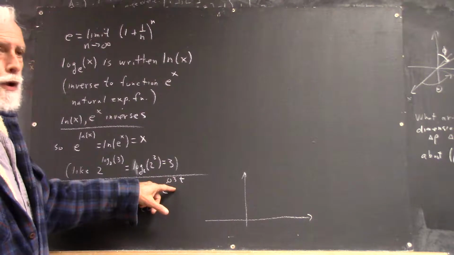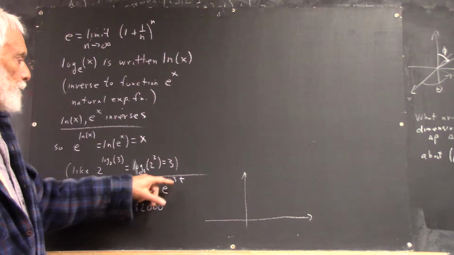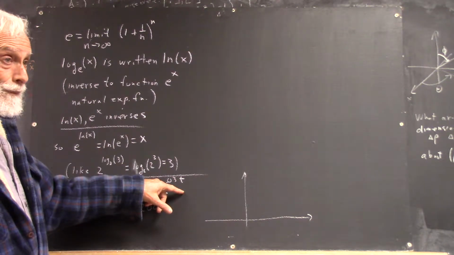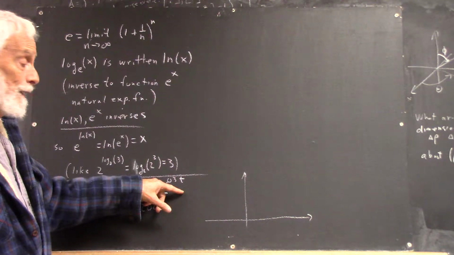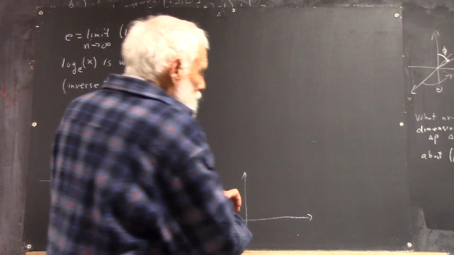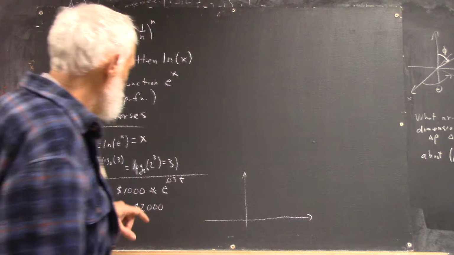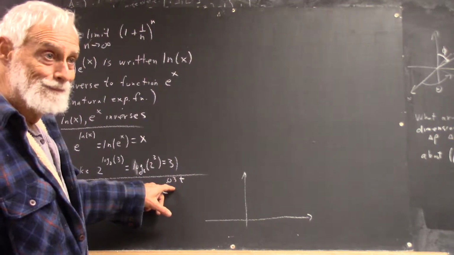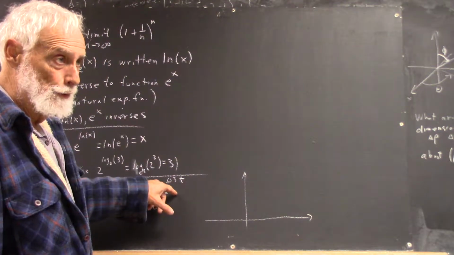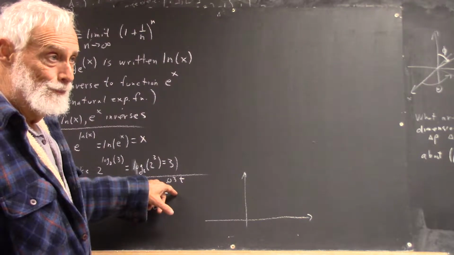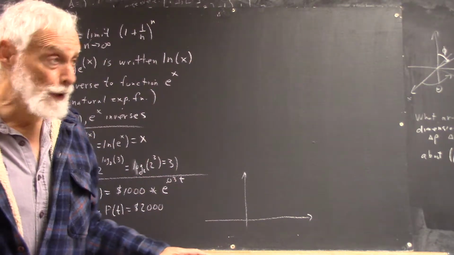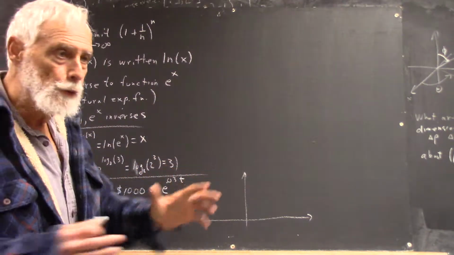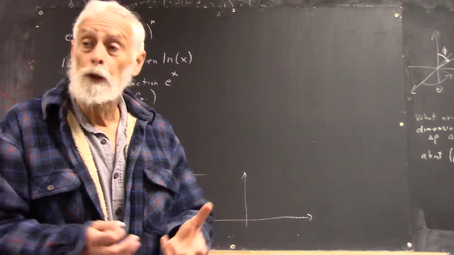And the e to the 0.03t function would then be expanded in the x direction by a factor of 33 1/3, which is 1 divided by 0.03. Okay, you don't need to remember that right now. I'm just telling you that this is all related to what we've learned about transforming functions.